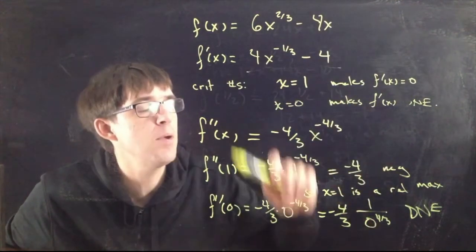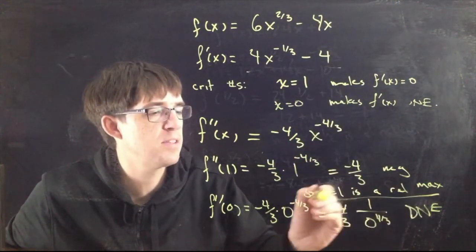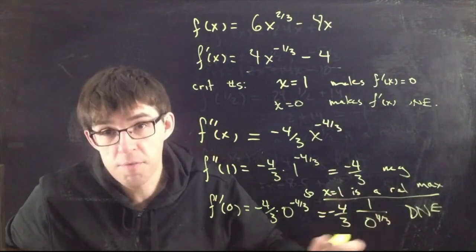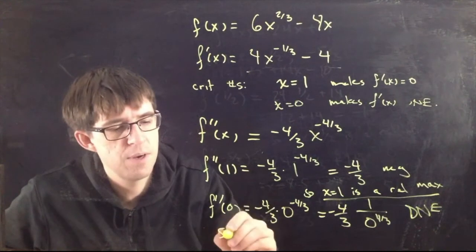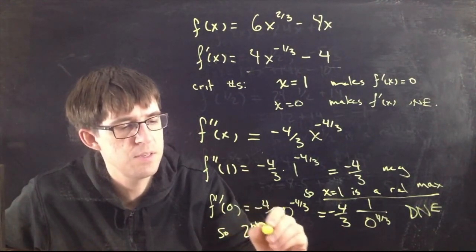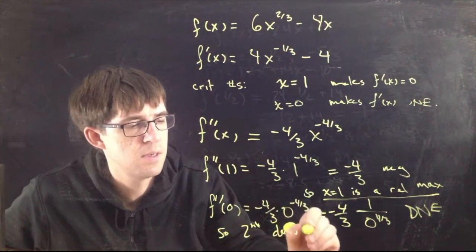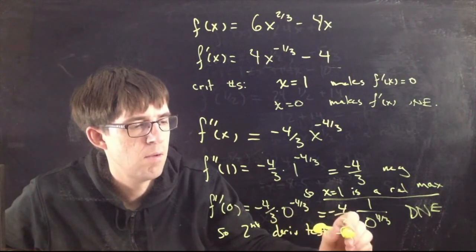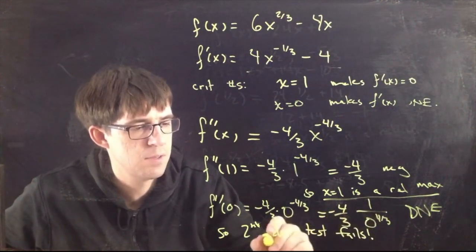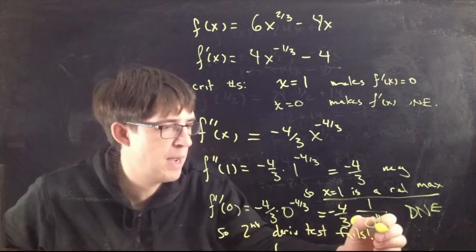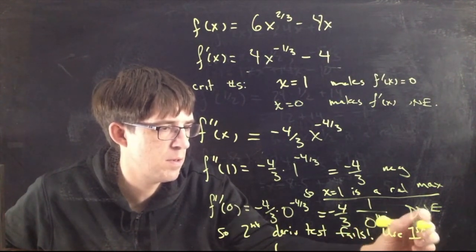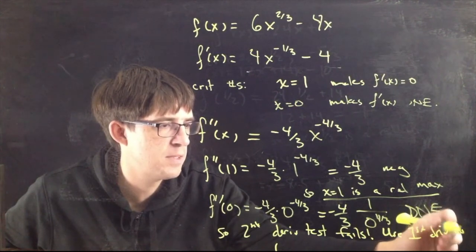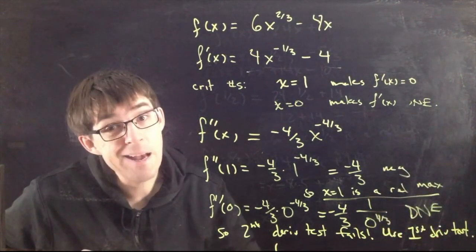So in this example, the second derivative test got us one of them. The other one, unfortunately, you cannot use the second derivative test. So I'll just write here: the second derivative test fails. Go back and use the first derivative test. It happens sometimes.